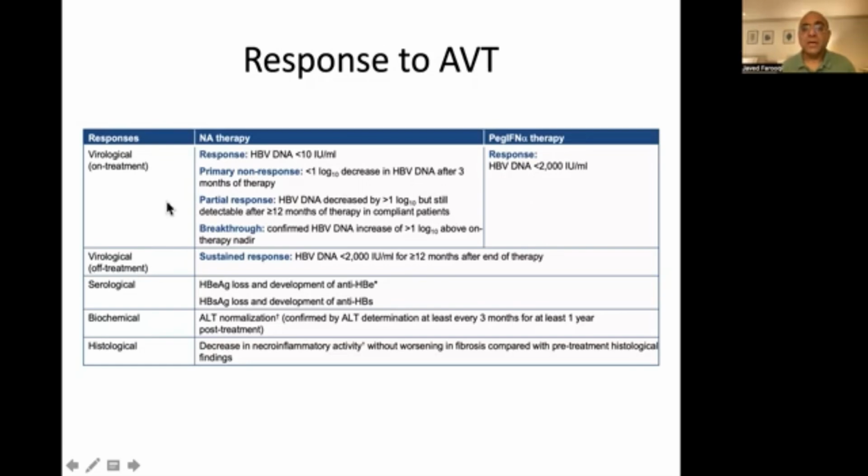Before coming to these virological responses, the histological response is defined as decrease in necroinflammatory activity without worsening in fibrosis compared with the pre-treatment histological findings.